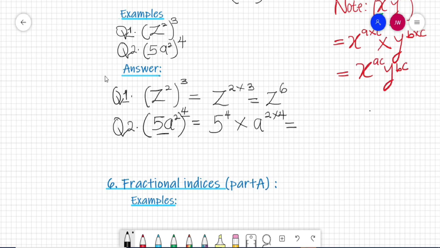So we should know that 5 raised to the power of 4 is equal to 5 multiplied by itself in 4 places. And this will give us 625. So our answer here is 625a raised to the power of 8. Let's move on.